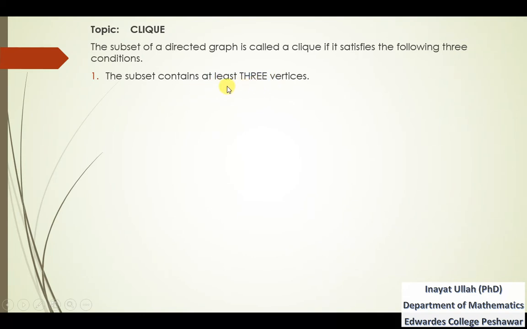We should take at least 3 vertices. At least means kam se kam. So at least 3 vertices. More than 3 is possible, 4, 5, 6 and so on, but 2 and 1 are not possible. So a clique contains at least 3 vertices.